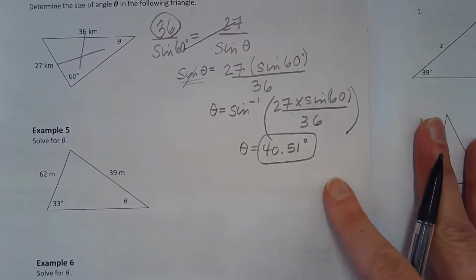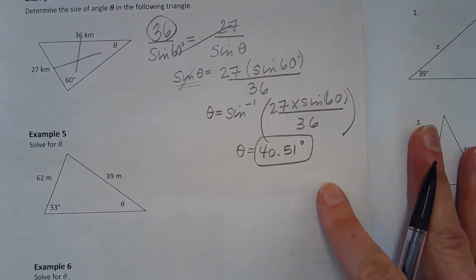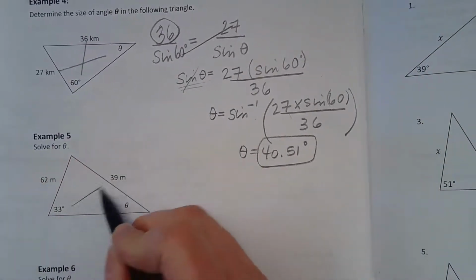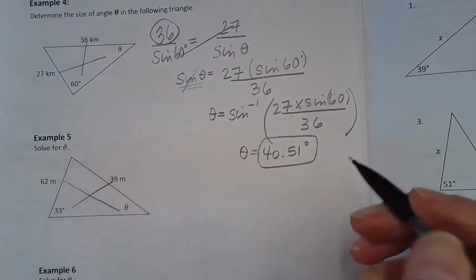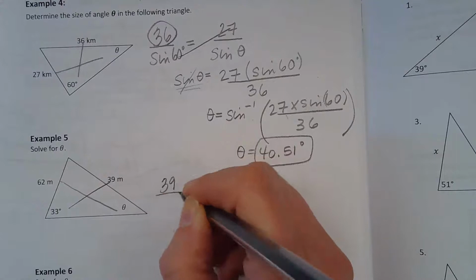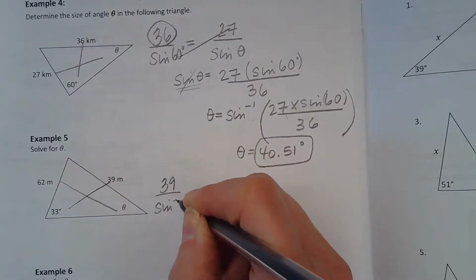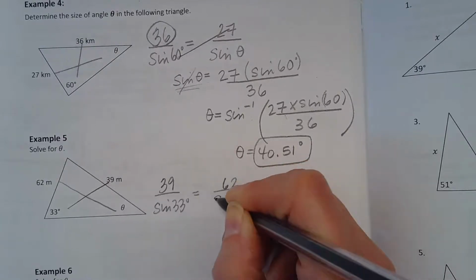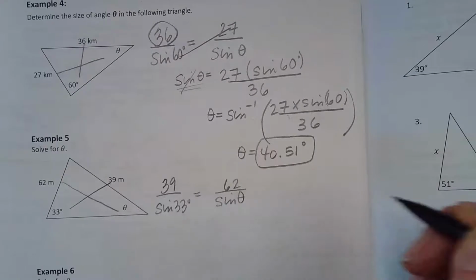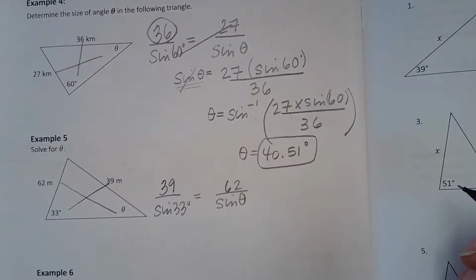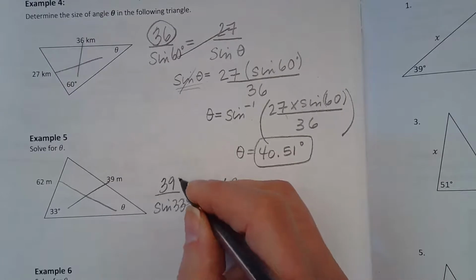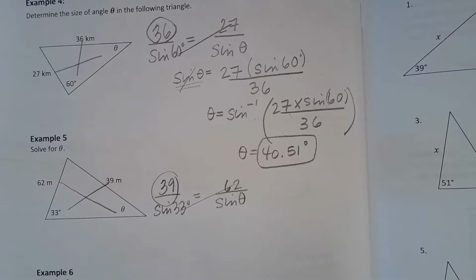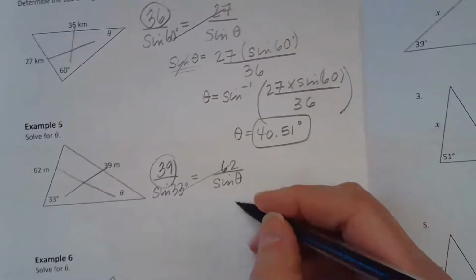Okay, let's try one more. Do I have a complete partnership somewhere? 33 degrees and 39. Yeah, partners, right? And then these partners. So set them up. 39 sits over sine 33. 62 sits on top of sine theta. So I'm going to multiply and divide. But I also have to get rid of that sine because I really just want to solve for theta.